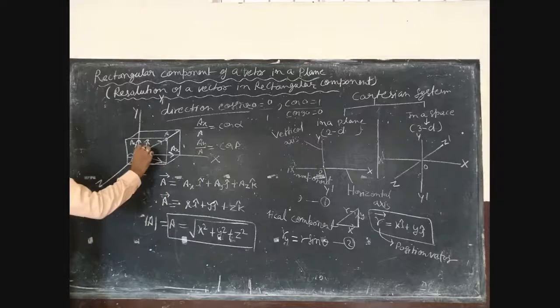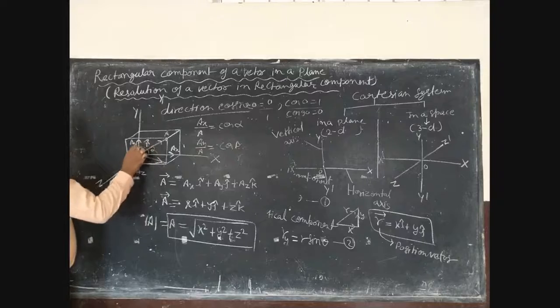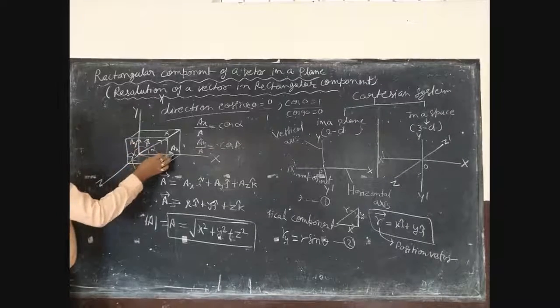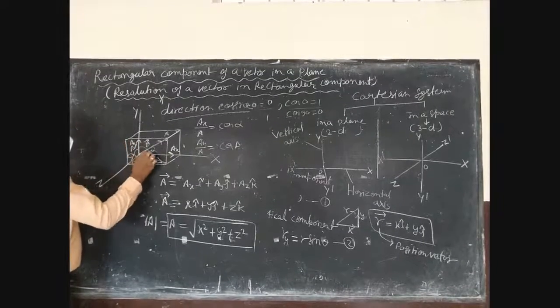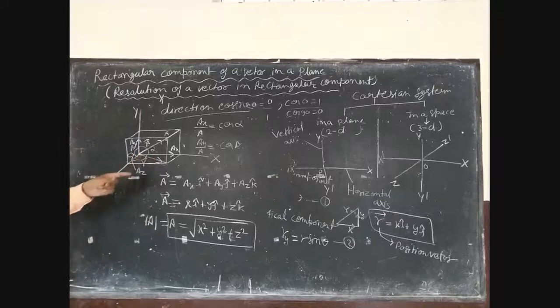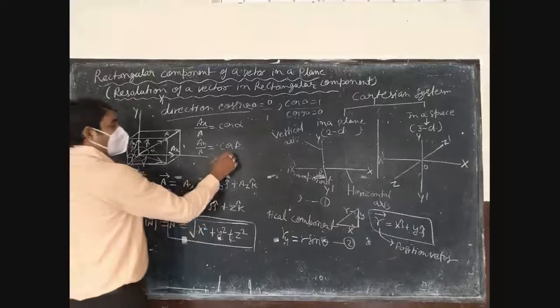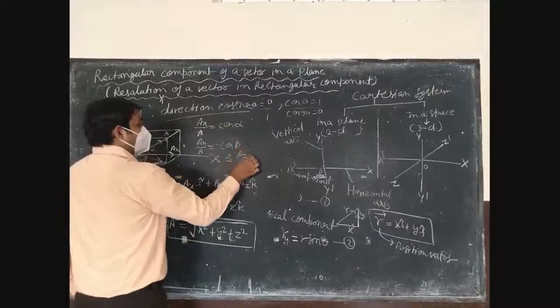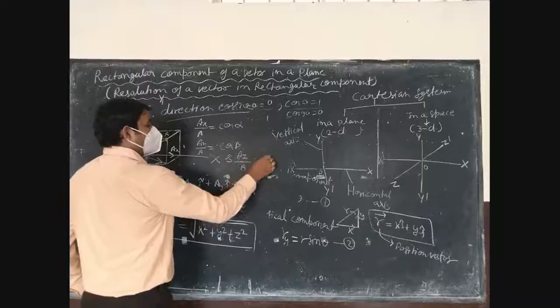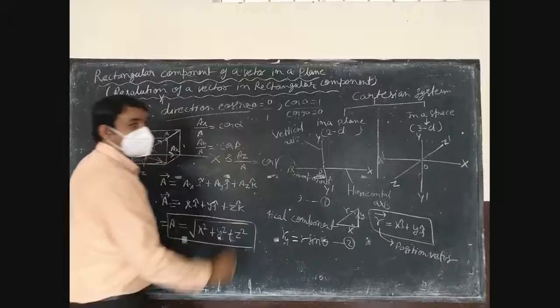If this is alpha, this is beta, and this is gamma, then we have discussed the direction. And AZ upon A is equal to cos gamma.